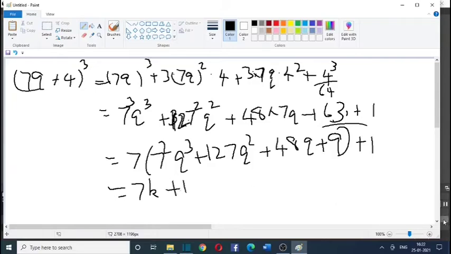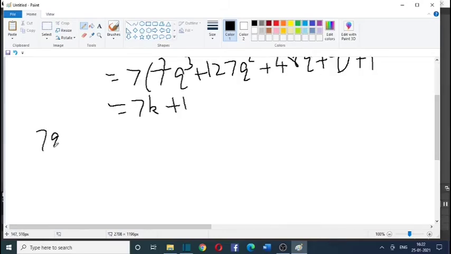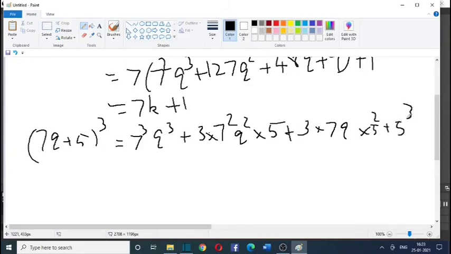Now consider (7q plus 5) all cube, which is equal to 7 cube q cube plus 3 into 7 square q square into 5 plus 3 into 7q into 5 square plus 5 cube. Now 5 cube is 125.